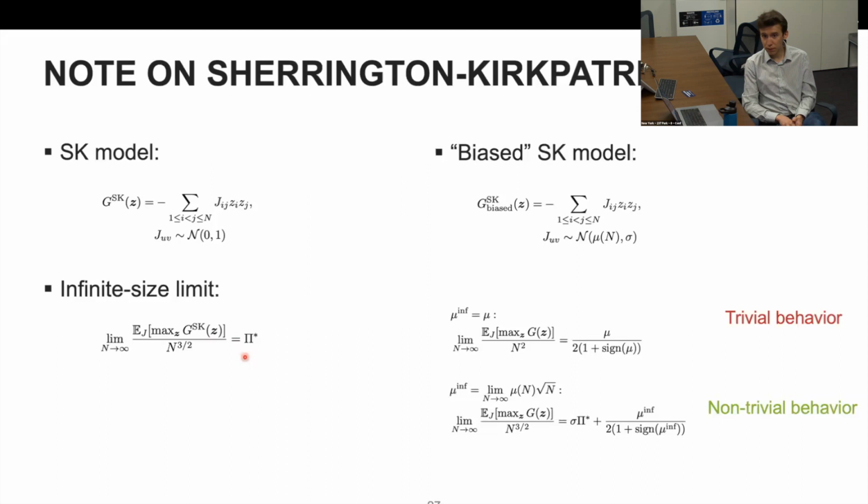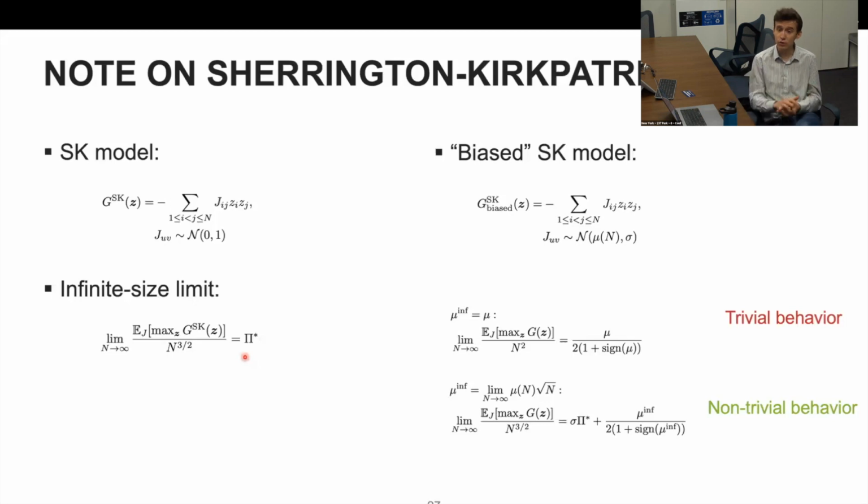Now, for the biased SK model, we observe that if the mean of the couplings does not scale with n, which is the natural regime to consider. This is the regime we consider for the weighted graphs. Right? In weighted graphs, in the limit of n goes to infinity, mu of our edge weight stays constant. We do not change the distribution with the scale.